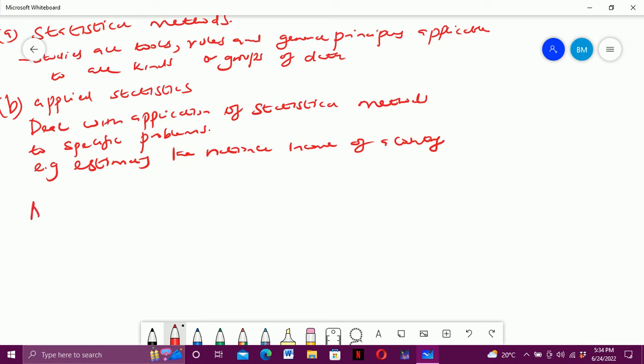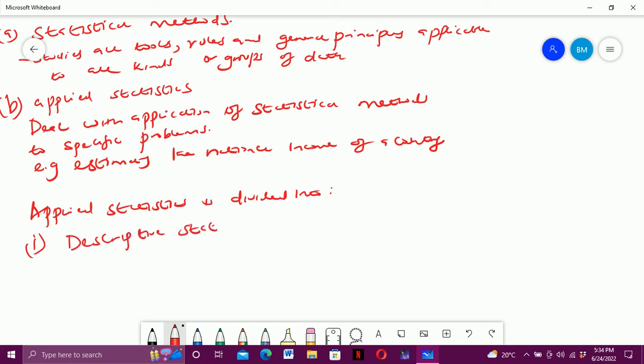So we say applied statistics is divided into the first one, which is what we call descriptive statistics, and then the second one is inferential statistics.